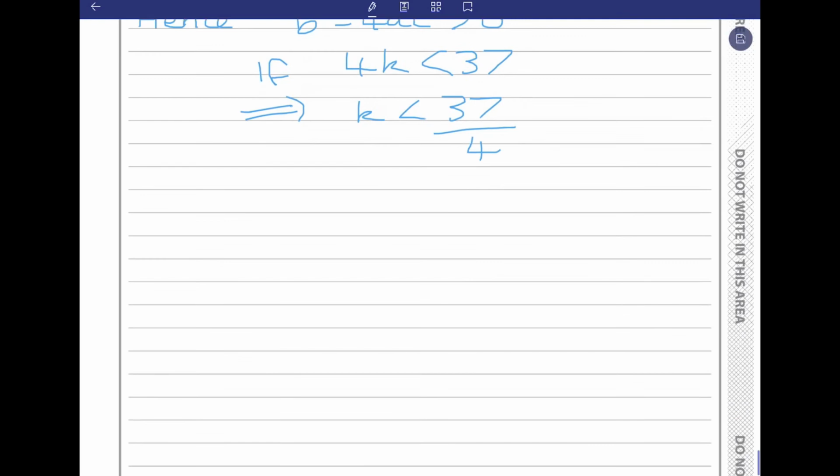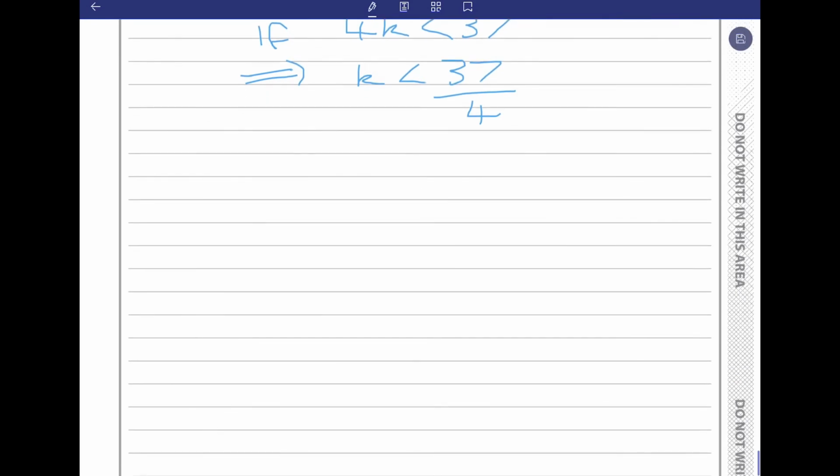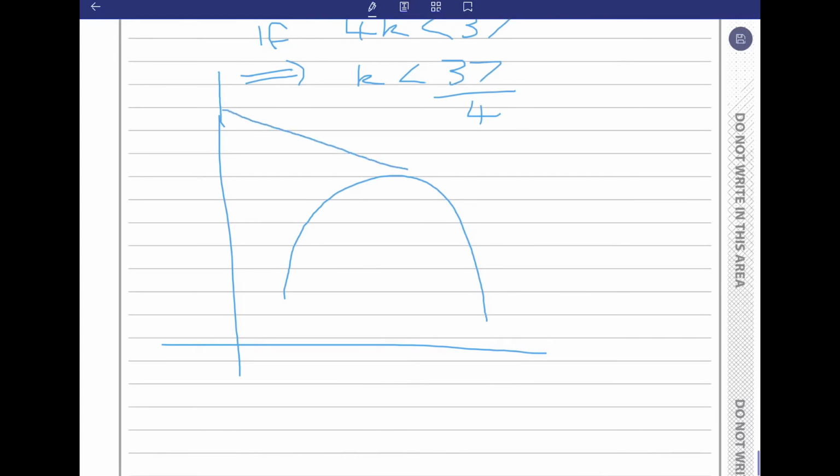So if I quickly try to explain this again, if I just draw the graph roughly. So eventually we get to this value 37 over 4, which does something like that. And then we had our value, where was it?